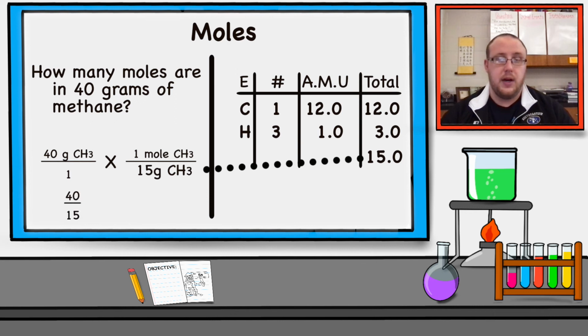Then we multiply our bottoms. 1 times 15 is 15. This gives us a new relationship of 40 over 15. Once we divide that out, so 40 divided by 15, we get roughly 2.67 moles of methane. And that is going to be our answer. So 40 grams of methane equals roughly about 2.67 moles of methane.